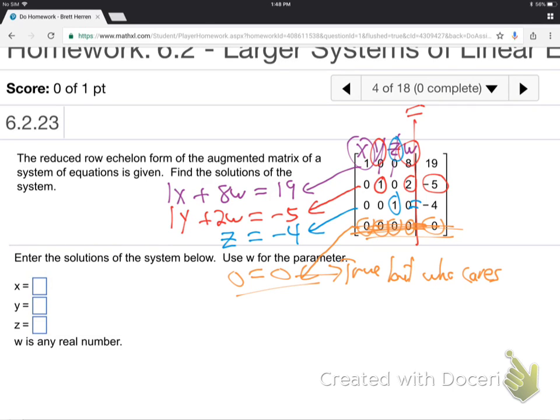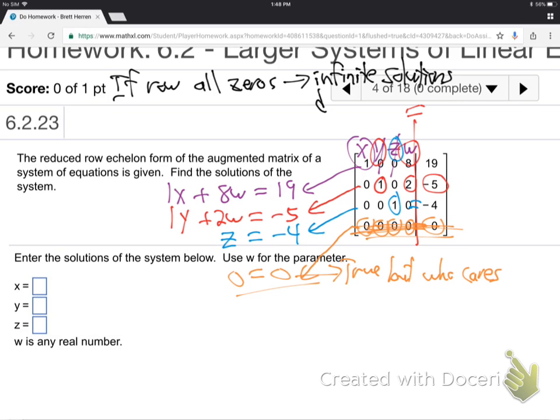It is saying effectively, if a row is all zeros, that's going to be infinite solutions.